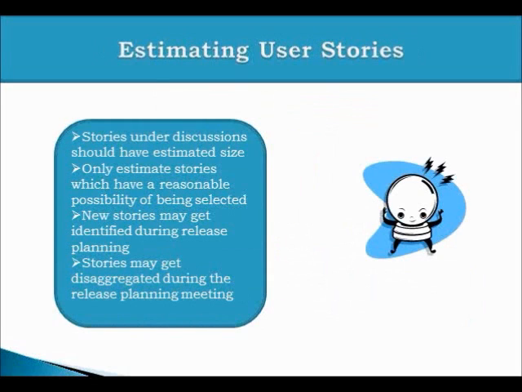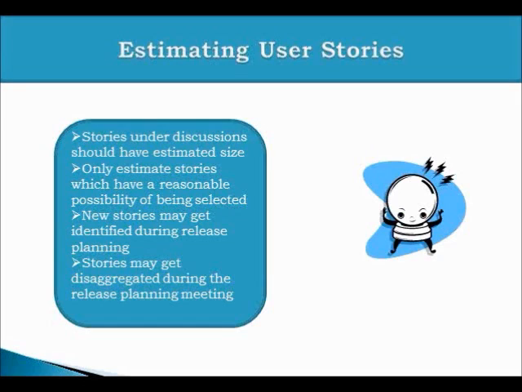Estimating the user stories. Now, estimation techniques, we do have planning poker, ideal days estimation techniques. Is the estimation done during the release planning meeting or before that? So there is a confusion in this because various teams adopt a practice where they are doing it before the release planning meeting and some teams are doing it during the release planning meeting.